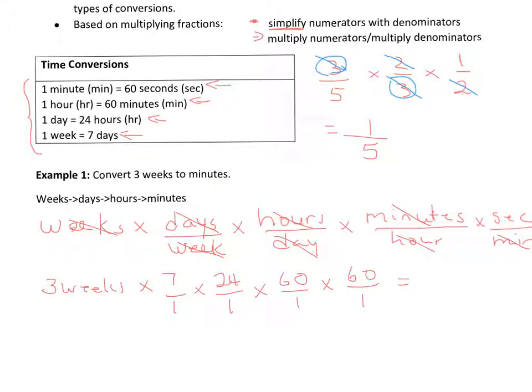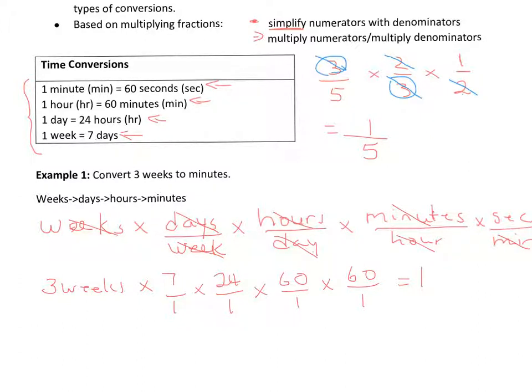3 times 7 times 24 times 60 times 60 equals a very big number, 1 million. I think that's too big of a number.